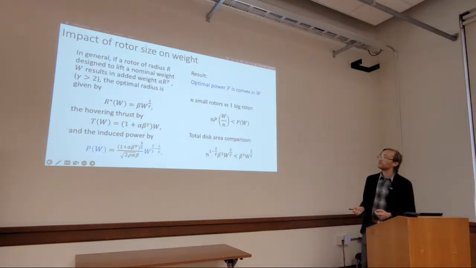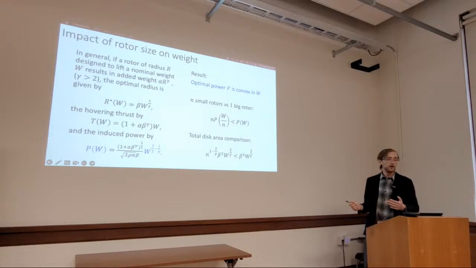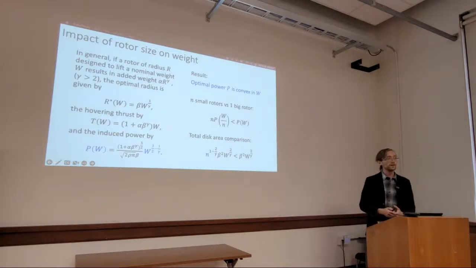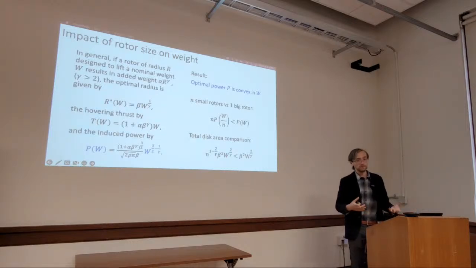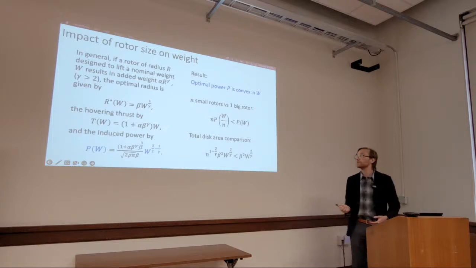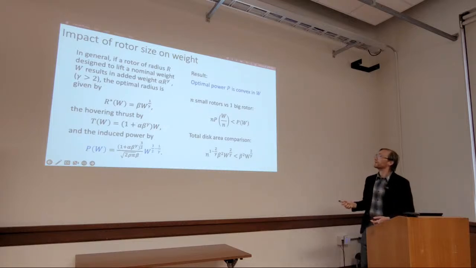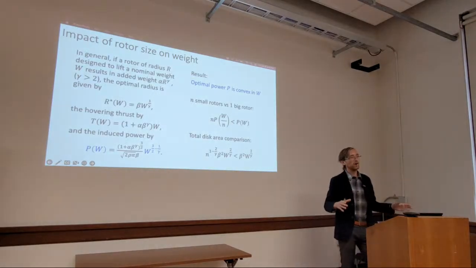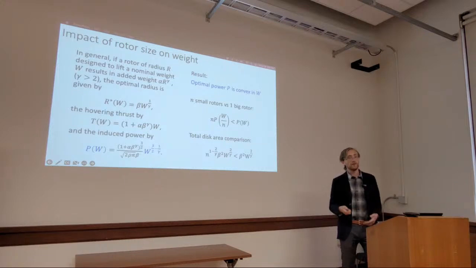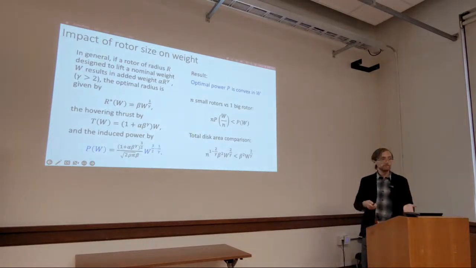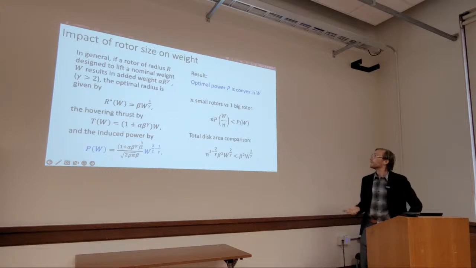If we look at the power required to lift a given weight W with a rotor of optimal radius, accounting for the added weight that is strictly dependent on that radius, that power is higher than if we have n optimal rotors, each lifting W divided by n kilograms.